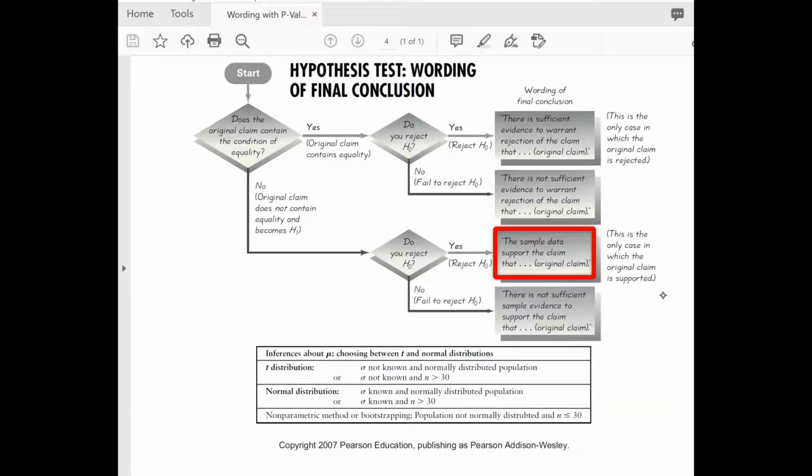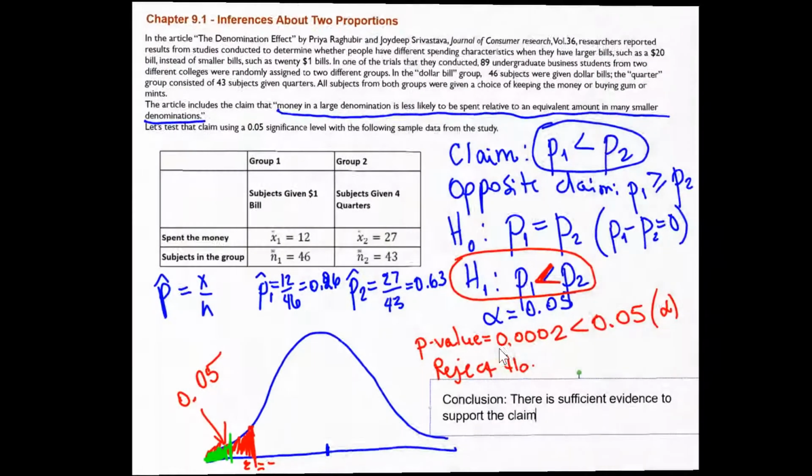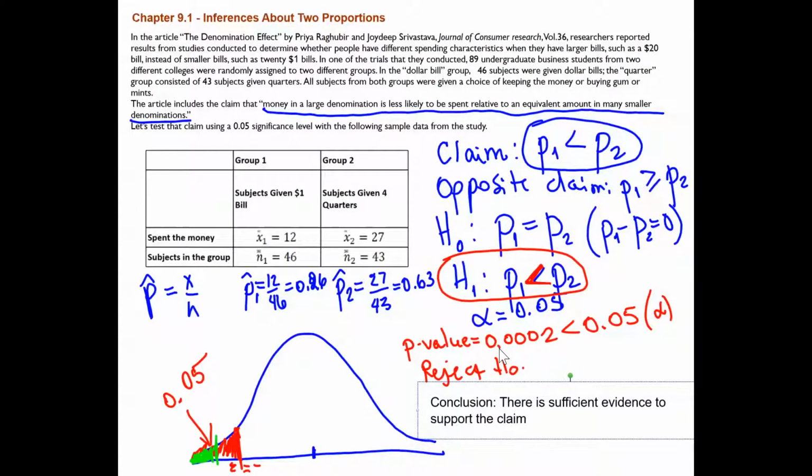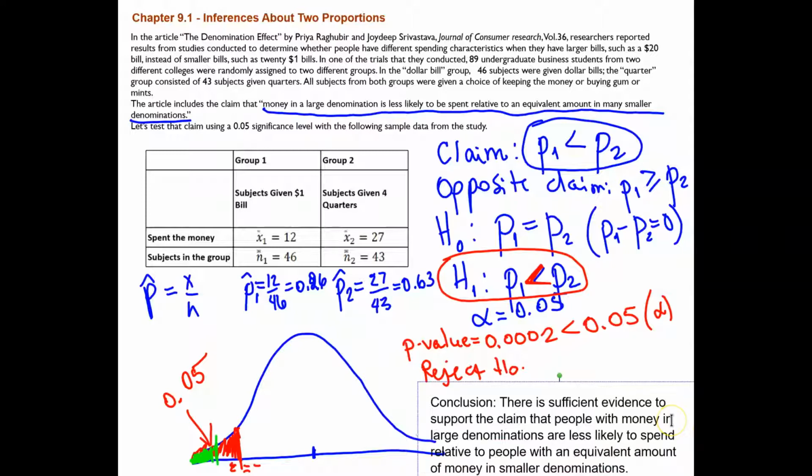Now let's rewrite it in human language. We can say there is sufficient evidence to support the claim that people with money in large denominations are less likely to spend relative to people with an equivalent amount of money in smaller denominations.